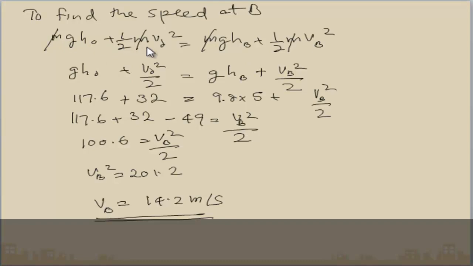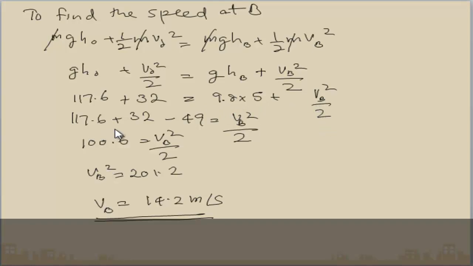To find the speed at B, we use the conservation of energy again. mgh0 plus 1/2 mv0 squared equals mghb plus 1/2 mvb squared. m cancels from the equation. Then gh0 plus v0 squared over 2 equals ghb plus vb squared over 2. gh0 is 117.6, v0 squared over 2 is 32, equals 9.8 times 5 plus vb squared over 2.